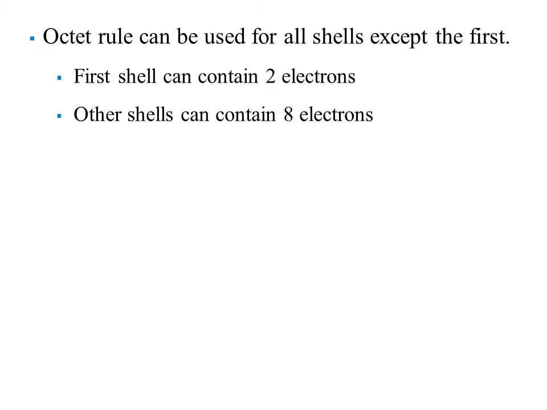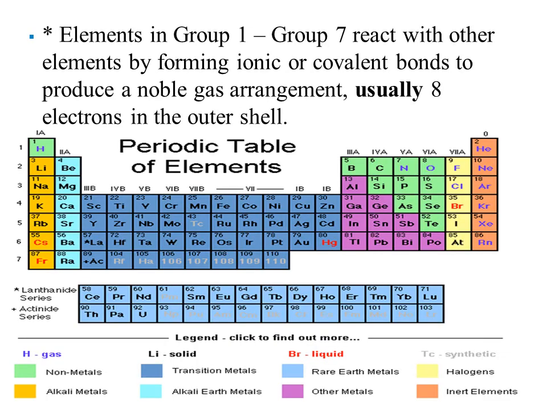Octet rule can be used for all shells except the first. The first shell can only hold up to 2 electrons. All others will hold 8. Elements in group 1 through group 7, or in column 1 through column 7, react with other elements by forming ionic bonds or covalent bonds.